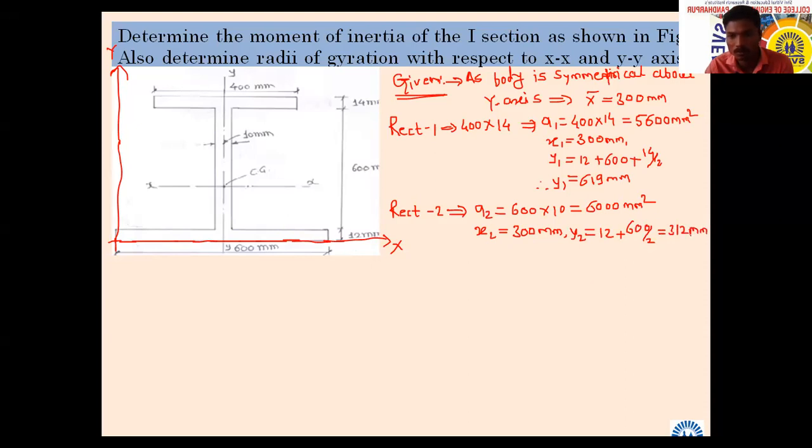Third, rectangle 3. Calculate A3. 7200, that is 600 into 12, 7200 mm square.